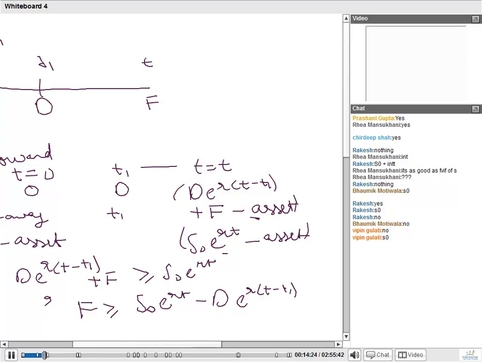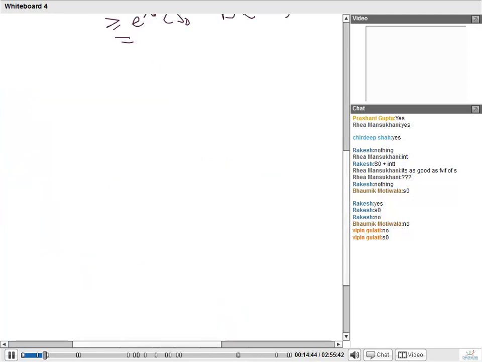Or you can take e raised to the power RT common, so e raised to the power RT into S0 minus D e raised to the power minus RT1. So please remember this formula. It is S0 minus the present value of the dividend payment into e raised to the power RT.